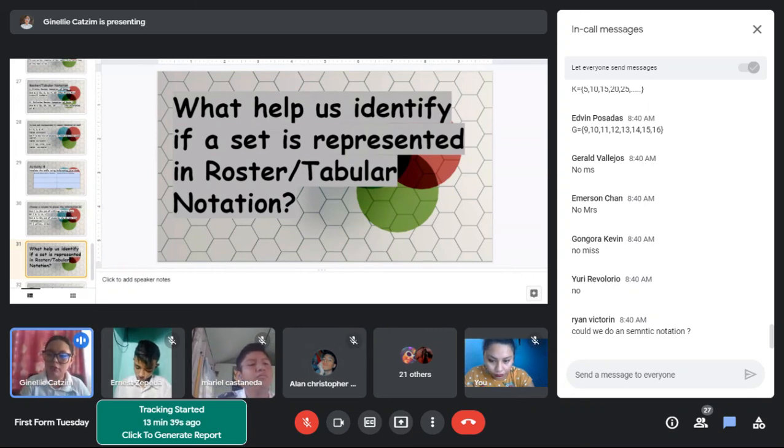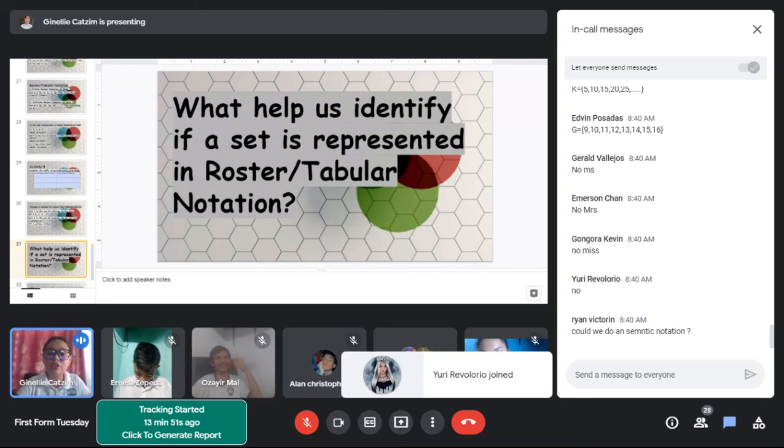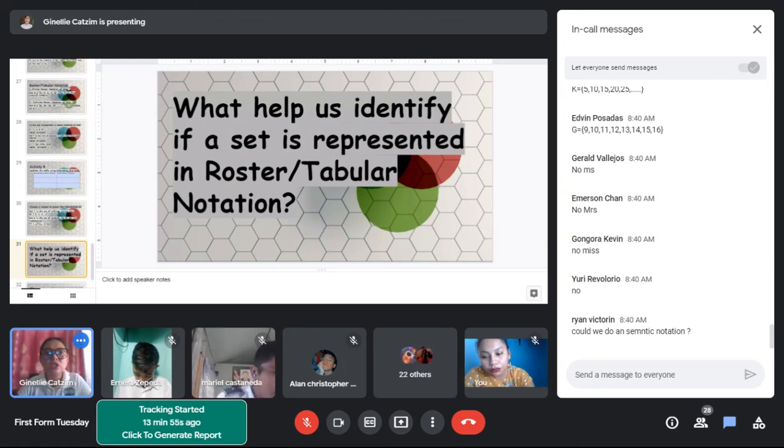Just a moment. Someone asked, could we do semantic notation? Semantic notation, as I mentioned yesterday, is just the description, remember. It's just the set and the description. It's mostly a sentence. So you will see set B is the set of students in math class. Set E is the list of students that do not understand English.